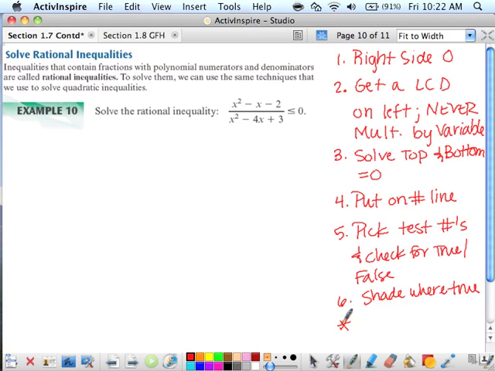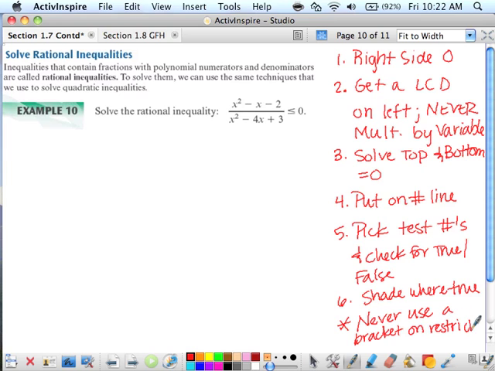So we have to set the top and bottom equal to 0. You are never allowed to put a bracket on a restriction. So you have to know at the end that if you're using brackets, go change the ones on the restriction back to parentheses. So it's a lot you have to keep straight there. Never put a bracket on a restriction, because a bracket means that it can equal that, and we can't ever let it equal a restriction.